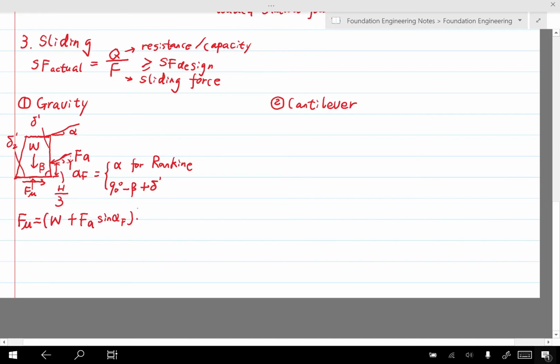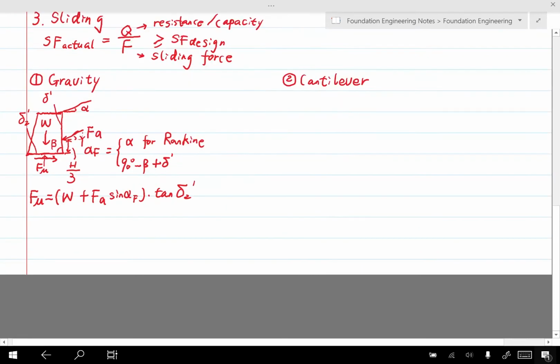We need to multiply the friction coefficient. That is the tangent of delta 2 prime, because we're talking about the friction at the bottom. And then we can get the actual safety factor. It's Q over F.